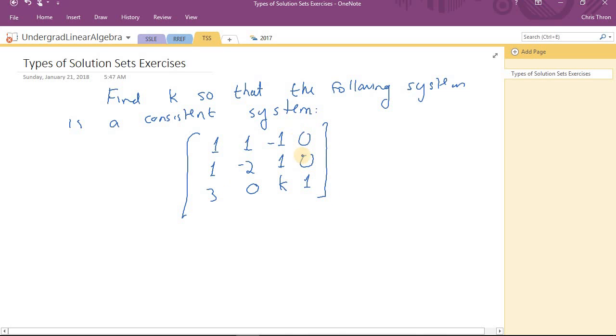Again, this last column is the constant column, and these are the variable columns, so I'm just not going to write the vertical bar. Now, what's the strategy here?